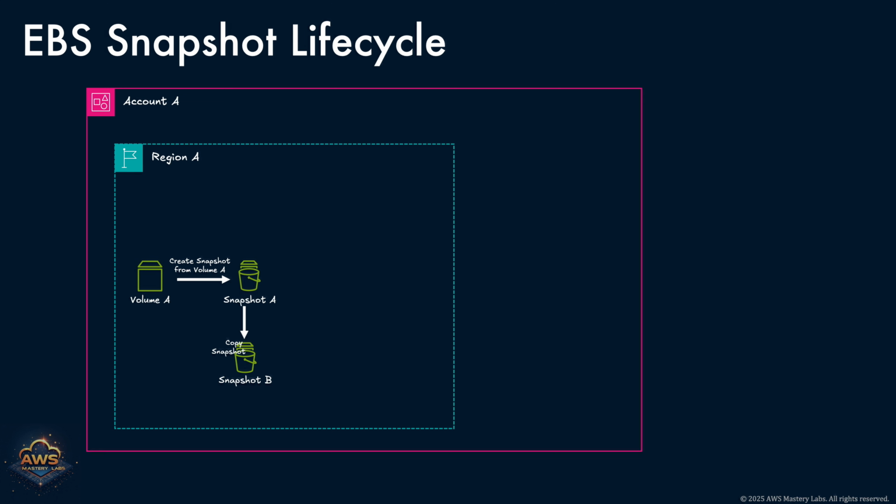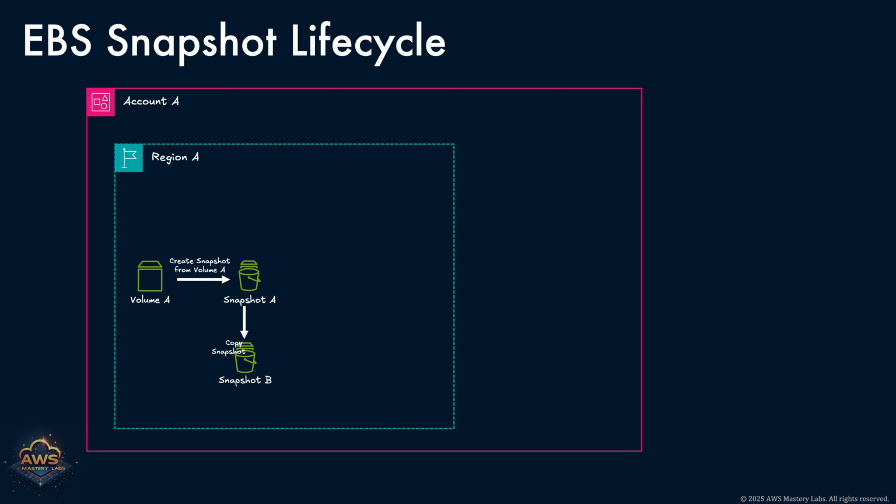Once a snapshot has been successfully created and reaches the completed state, it becomes fully available for use, including the ability to copy it. A snapshot copy is a duplicate of the original, containing the same data as the source at the time of creation. However, this new copy is assigned a unique resource ID, allowing it to be managed independently from the original snapshot.